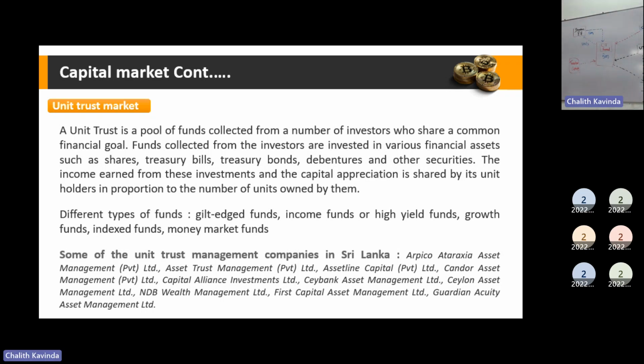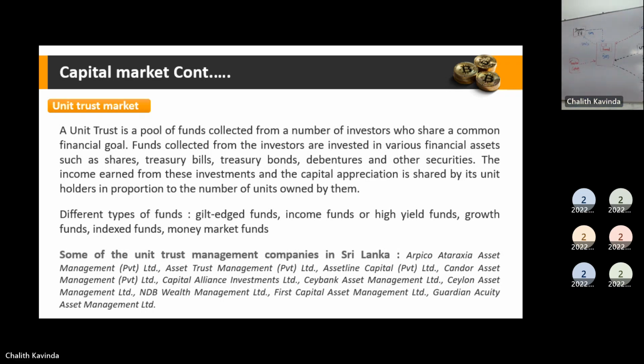The funds collected from the investors are invested in various financial assets, money market securities as well as capital market securities, like the treasury bills, treasury bonds, debentures, and other securities I mentioned. The income earned from these investments and the capital appreciation is shared by the unit holders in proportion to the number of units owned by them. So they collectively do the investment, and profit will be shared on a particular basis.